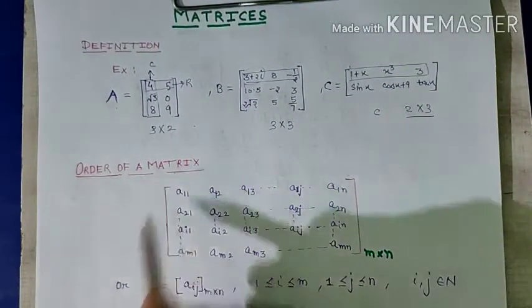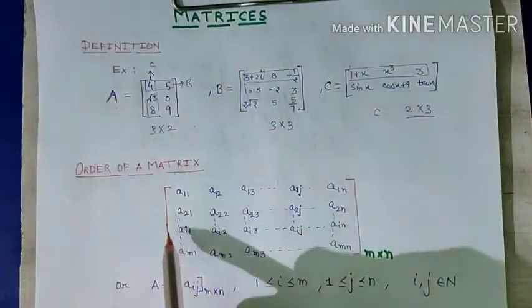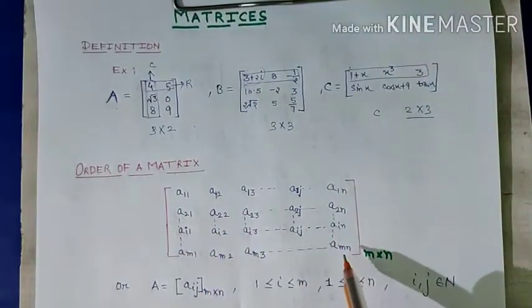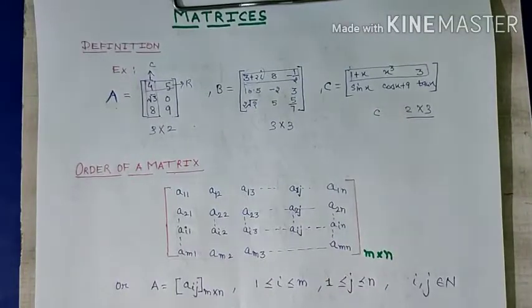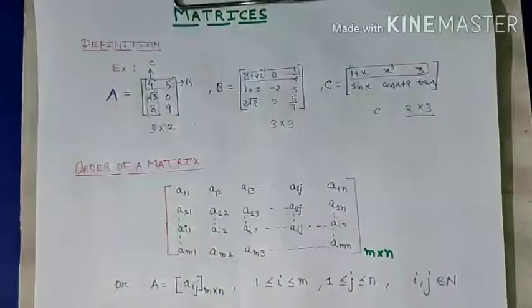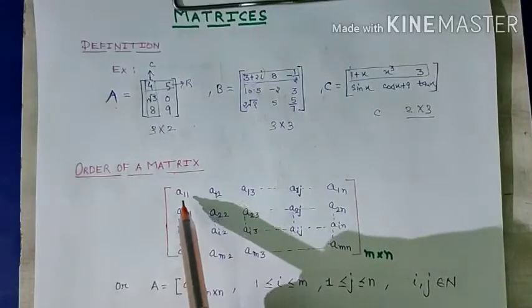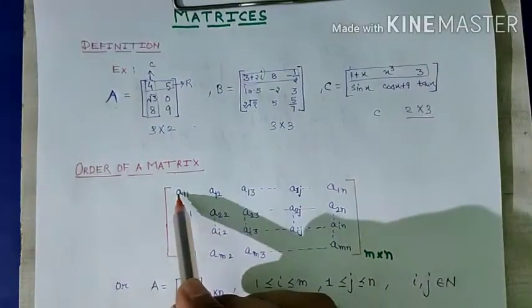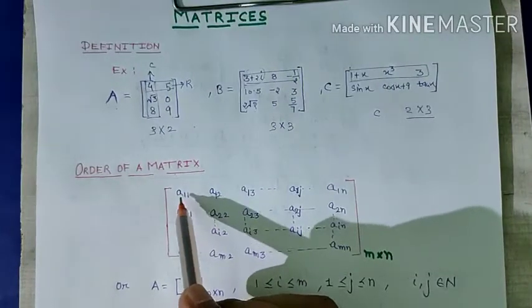I have given you one example of an m by n matrix, one matrix I have made. Now try to understand each and every element of this matrix. Like A11.